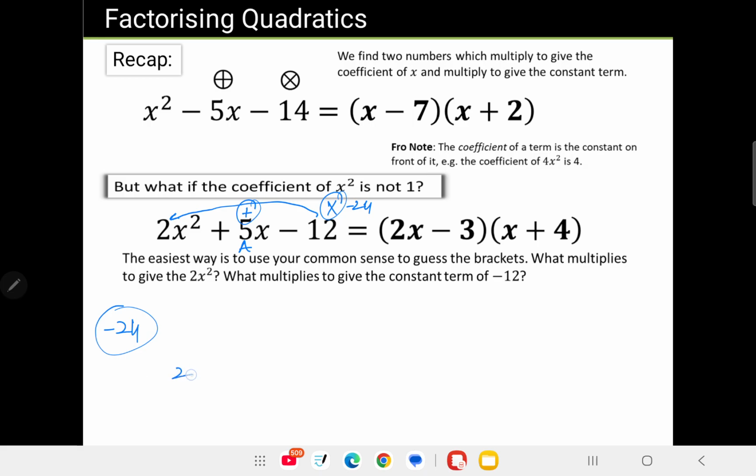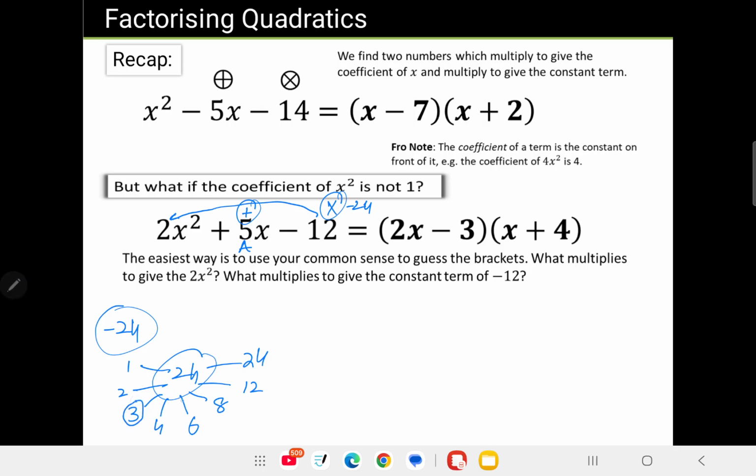So if you consider the factors of 24: 1 times 24 is 24, 2 times 12 is 24, then 3 times 8, and 6 times 4. But we need to find the pair which follows the sum as well.